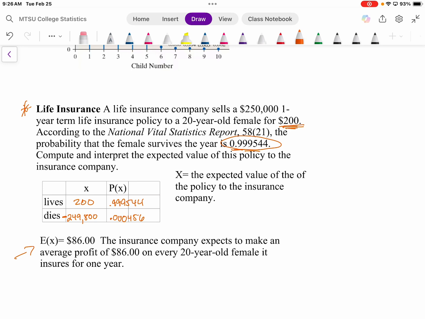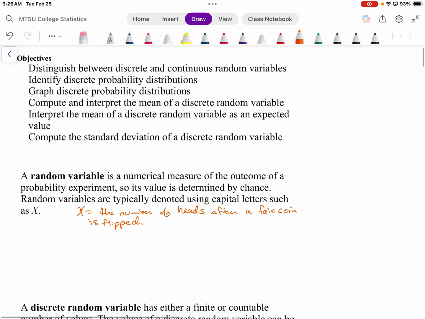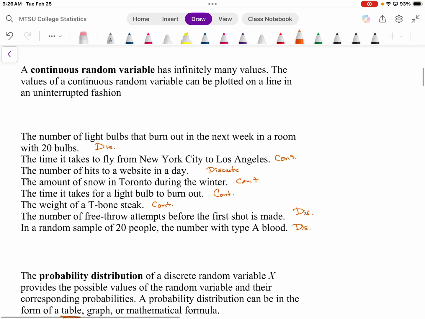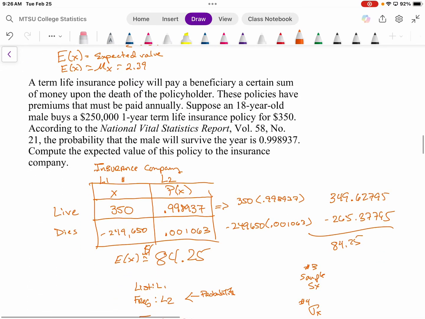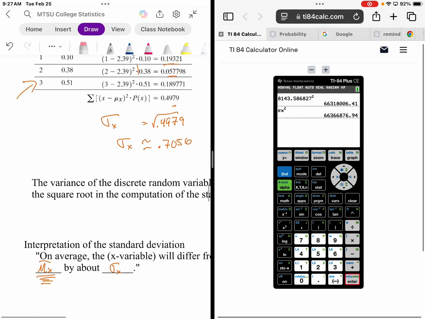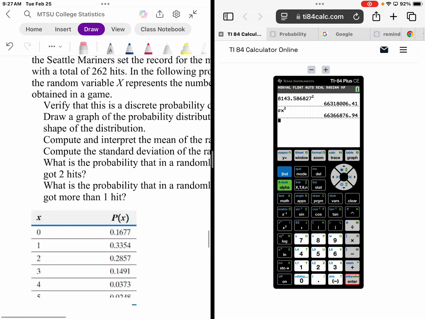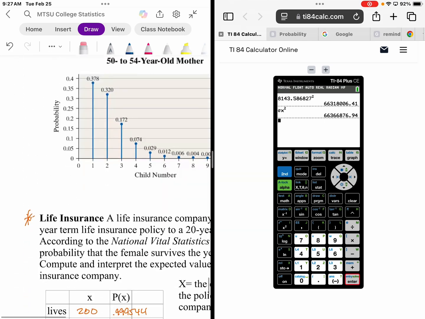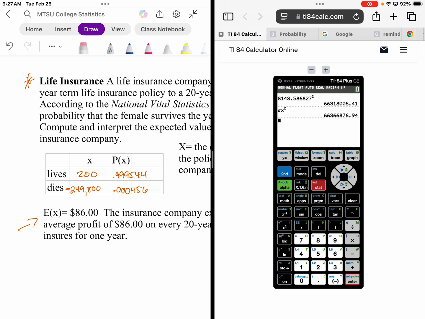And then again, I would do this in the calculator. If you want to practice doing it by hand, you can practice doing it by hand for the mean. But I'm going to go into the calculator, and I'm going to put them into L1 and L2 again. So back in the stats, go into edit, clear out my 2 columns.